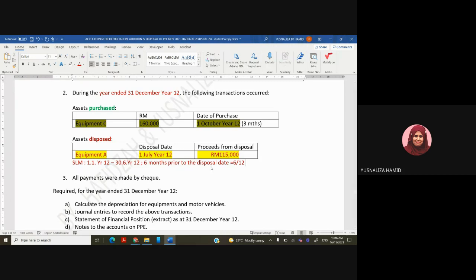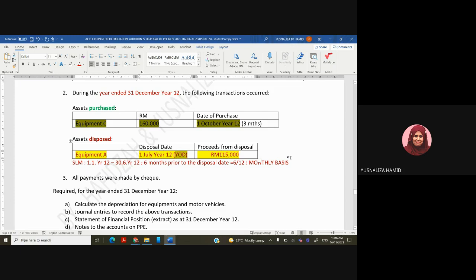Why? This is because it is monthly basis. This is the year of disposal, which is year 12, YOD. And for that year, you still provide depreciation, because that was monthly basis.